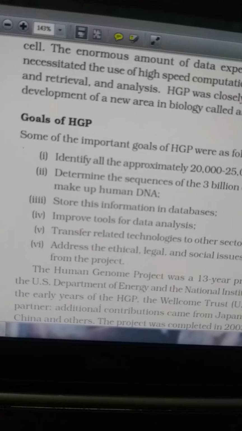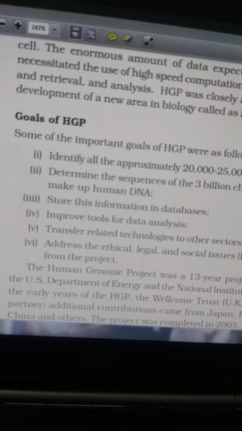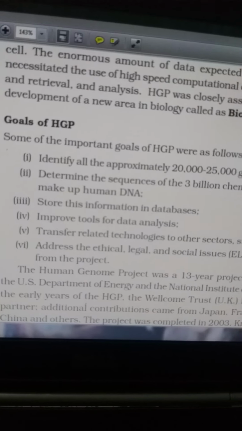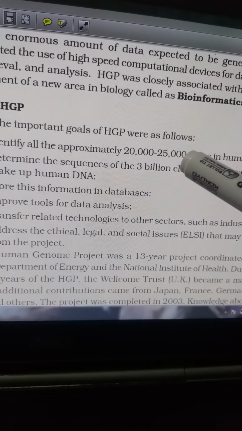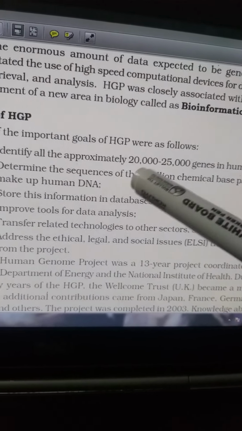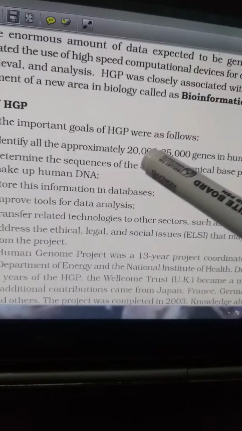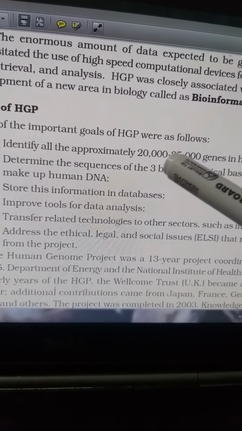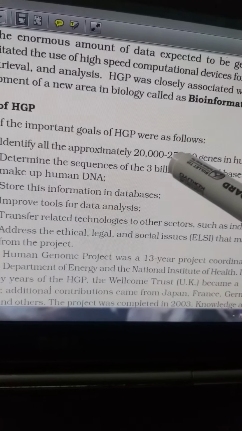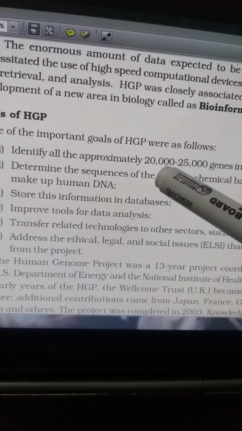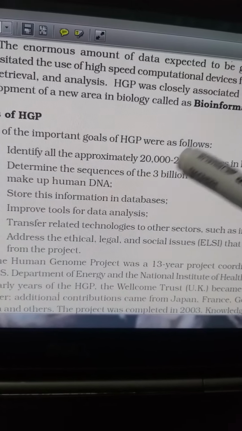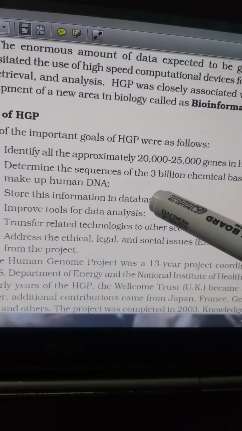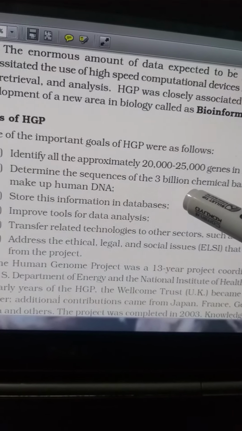Now you see, what are the goals of HGP? The goal of HGP is identifying the 20,000 to 25,000 genes in human DNA. You know, this DNA you can isolate geographically. For example, people living in the mountains, their genetic sequence may be all alike, and people living in the plains, their genetic sequence is also all alike.